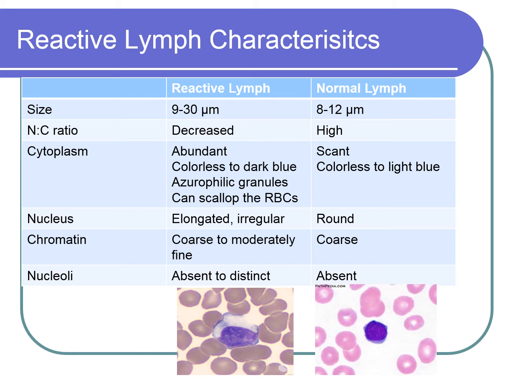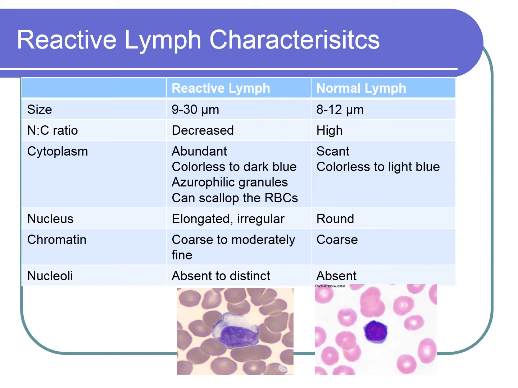The cytoplasm in normal lymphocyte is very scanty, as we see here in this figure, and may be colorless to very light blue. In the reactive lymphocyte, we have abundant cytoplasm. It may be colorless to dark blue, or in certain conditions have azurophilic granules and can scallop the RBCs, like in this figure.